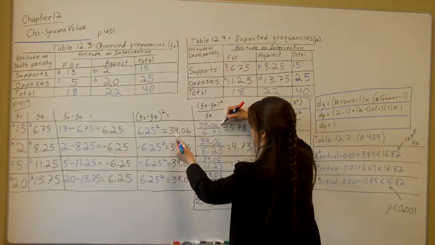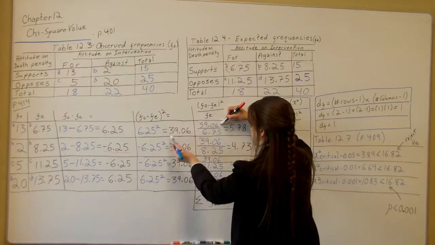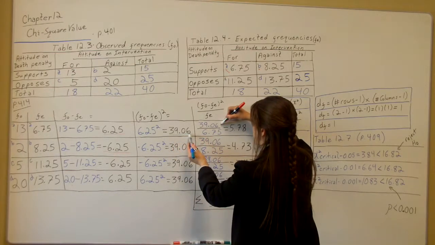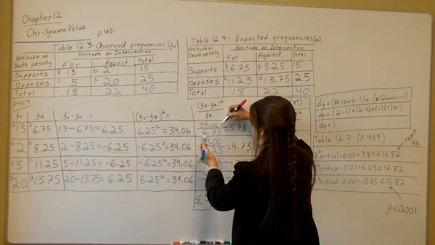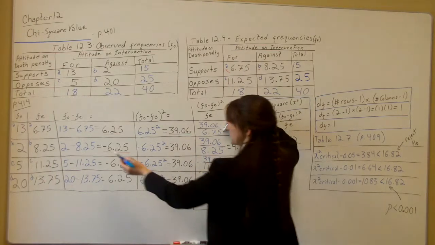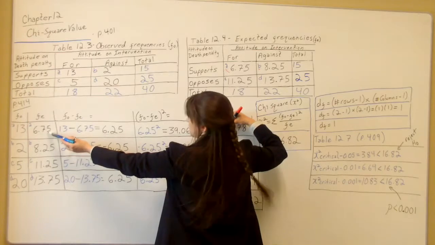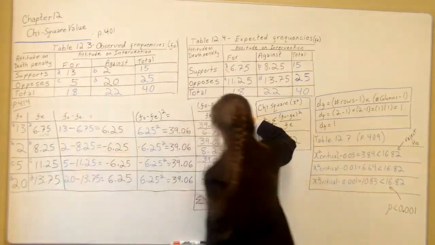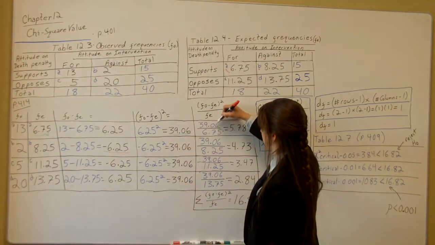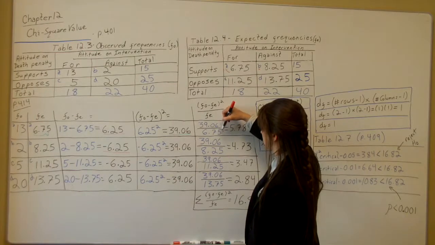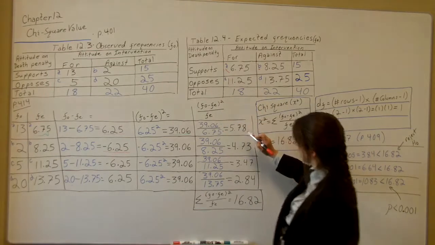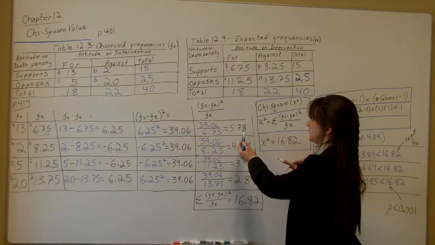Your top number is 39.06, which comes from across the row, and it goes above your expected frequency for this row, which is 6.75. So 39.06 divided by 6.75 equals 5.78.